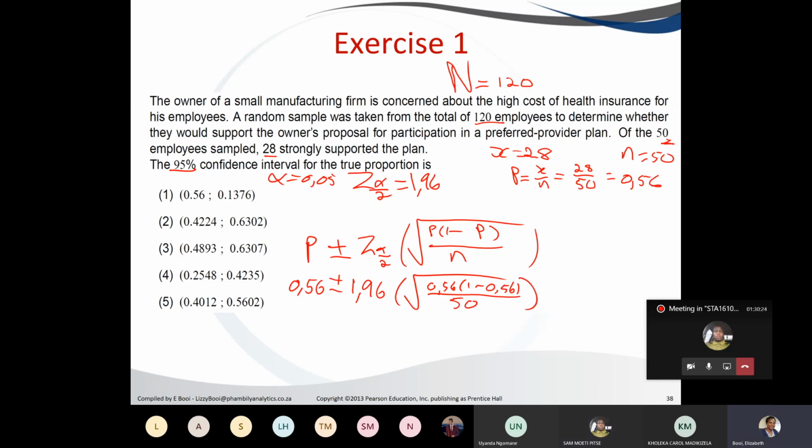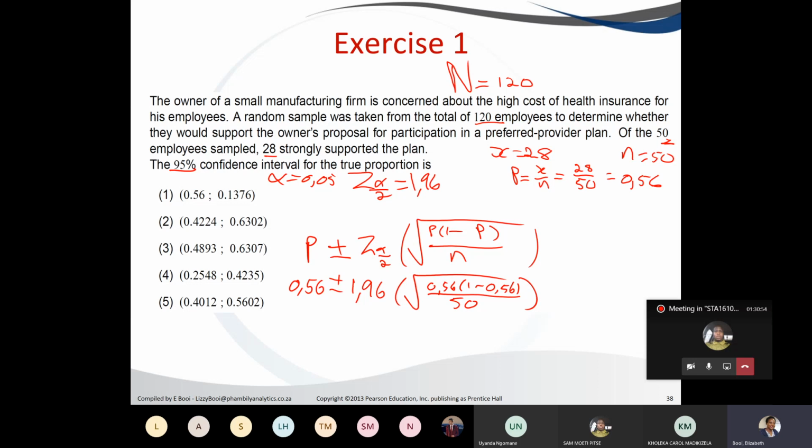Calculating what is inside the bracket: 1 minus 0.56 equals 0.44, times 0.56 equals 0.2464, divided by 50 equals 0.00498.